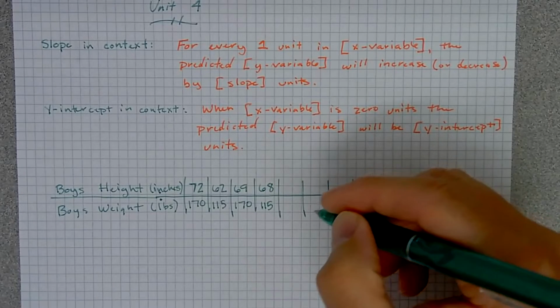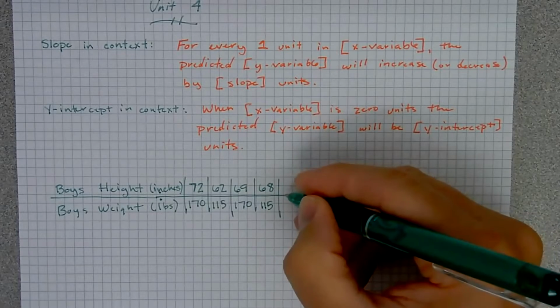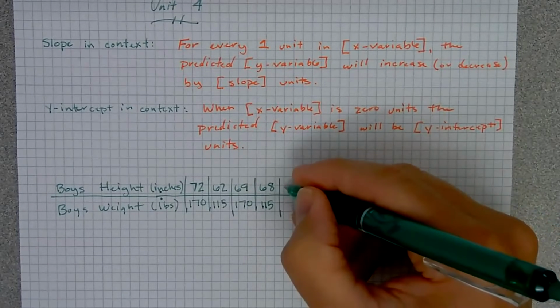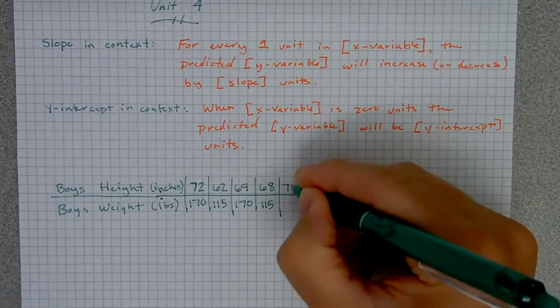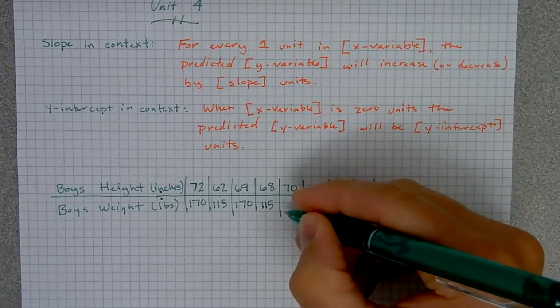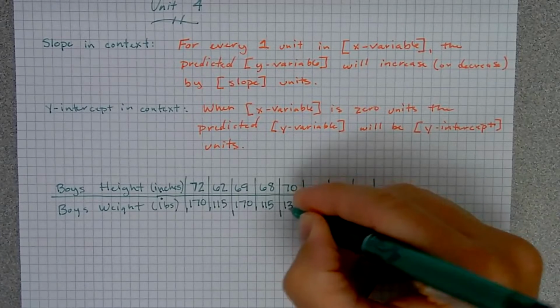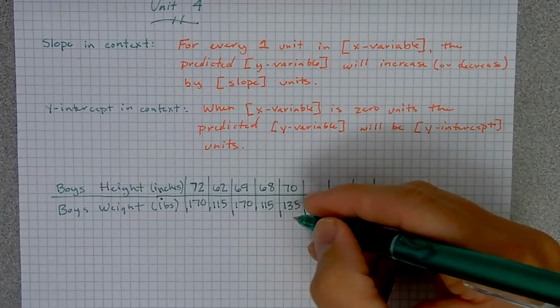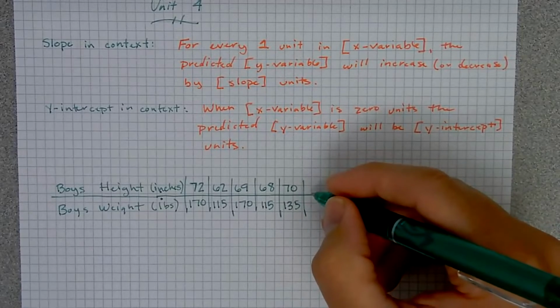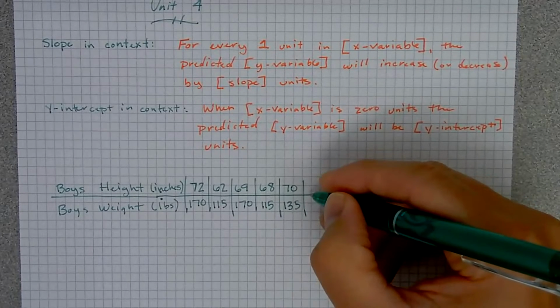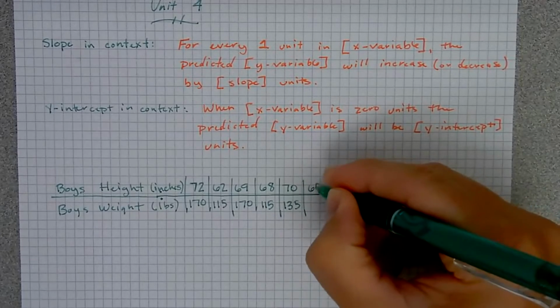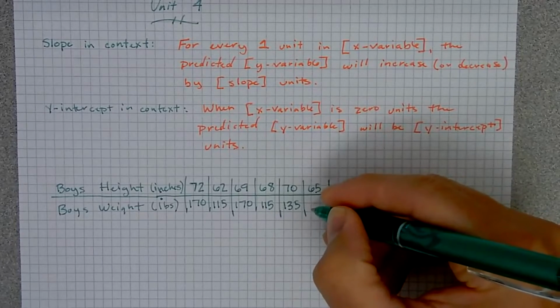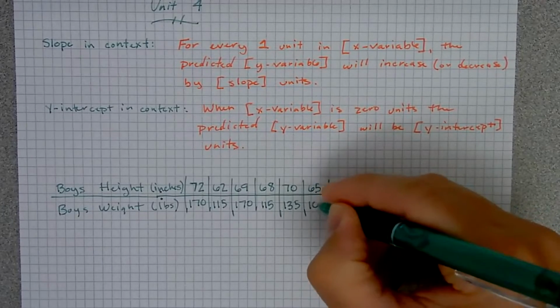Who else have I got? Ian, how tall are you? 5'10". How much do you weigh? 135. And Justice? 107.